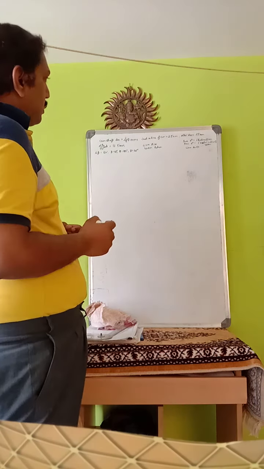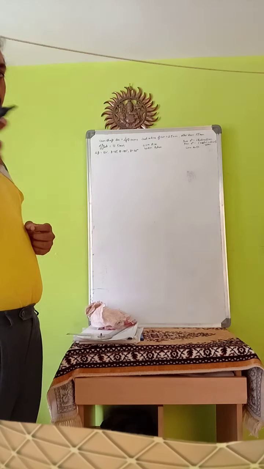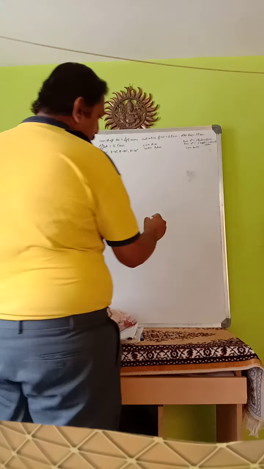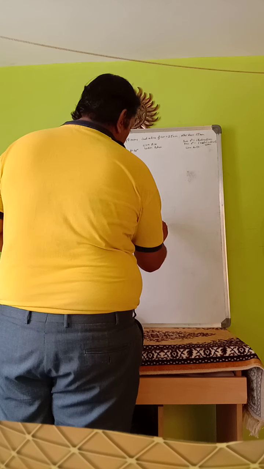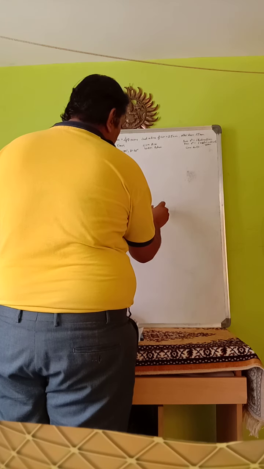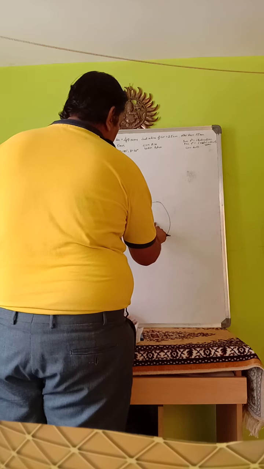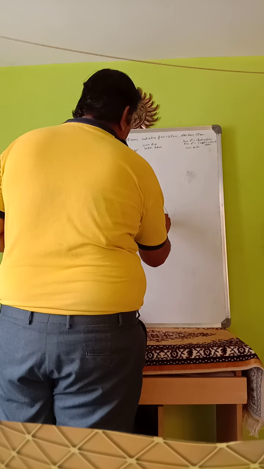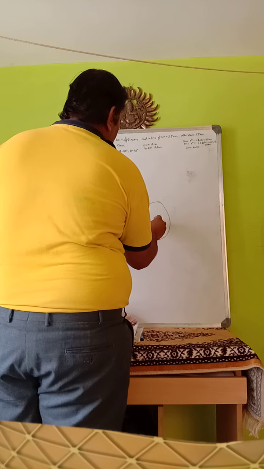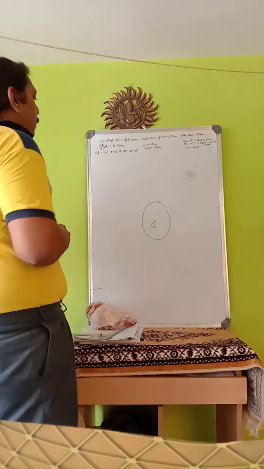Here the least radius of the cam is given in the problem as 25 mm, so we will first draw a circle of 25 mm radius. This is the center O.